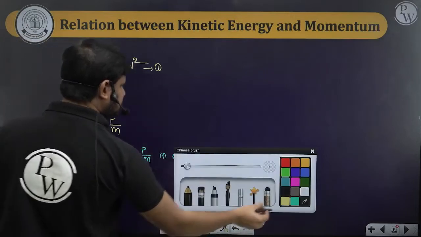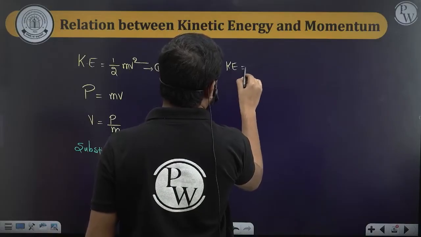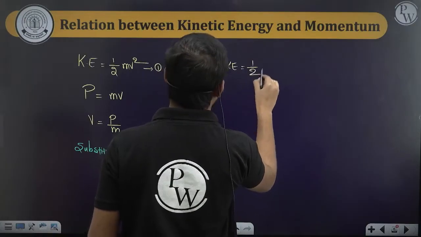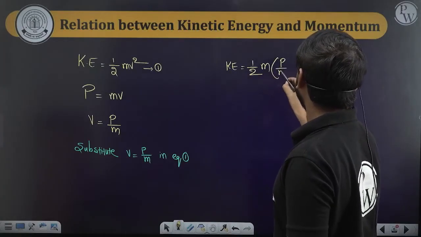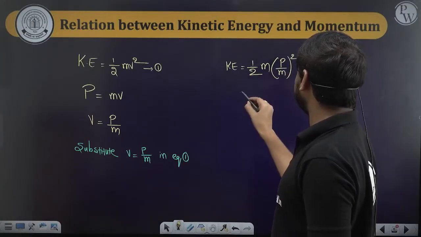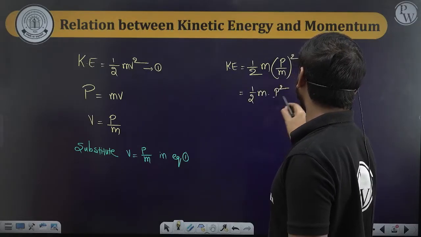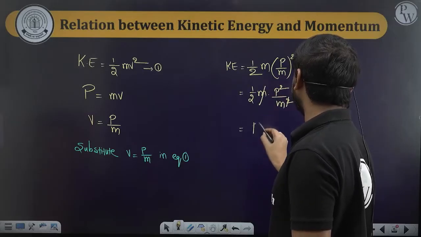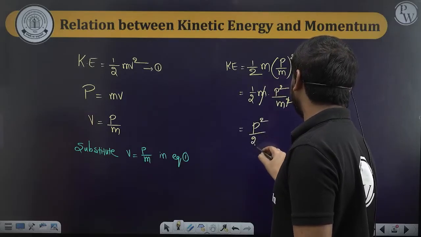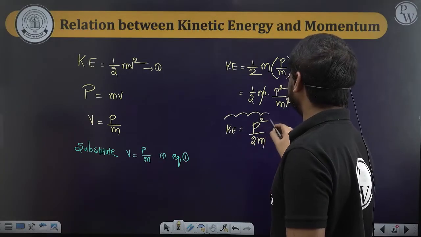So then what happens to the kinetic energy? Let's write it here. The kinetic energy will be equal to half into mass into, in place of v I am writing, p by m whole square. Which is equal to half m into p square by m square. Here m gets cancelled, so we get p square by 2m. So the kinetic energy KE is equal to p square by 2m.